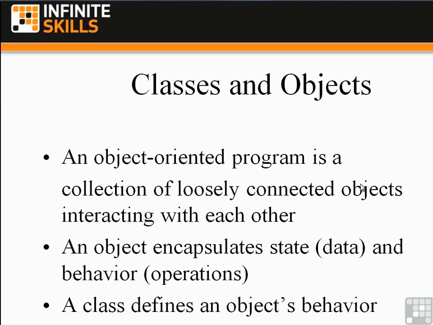A class defines an object's behavior, so we create a class so that we can define exactly what an object does. Once we create a class, then we can create individual objects of that class. So for example, in a payroll program, we'll have one employee class, but many employee objects, all of the employees that are going to get paid within that payroll.